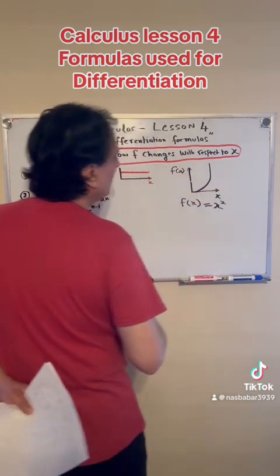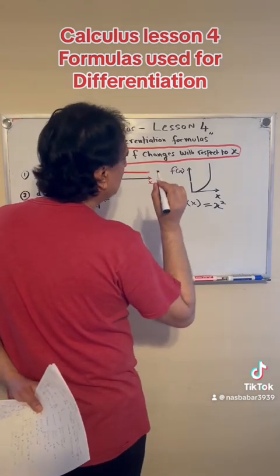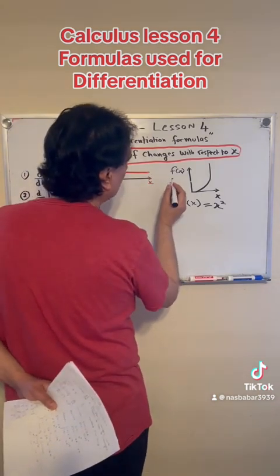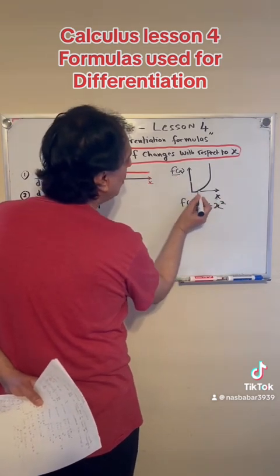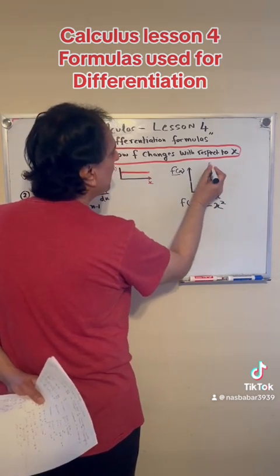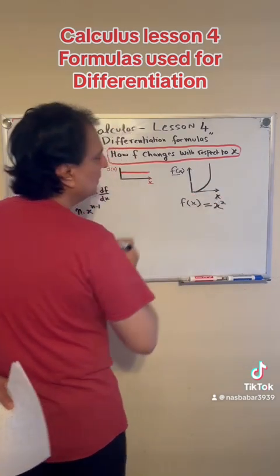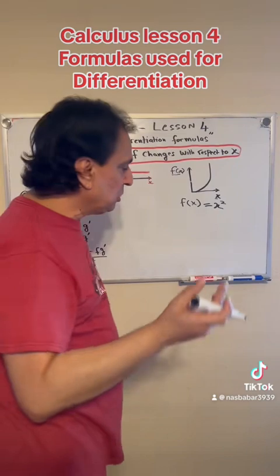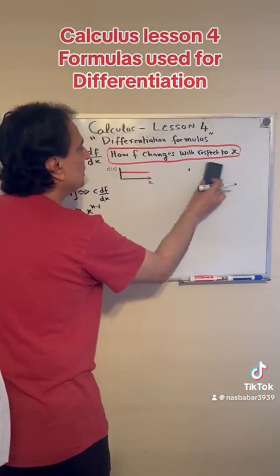So what this means is the rate of change of f(x) with respect to x, how this parabola is changing with respect to x. So that was a quick refresher. Now let's get back to the formulas.